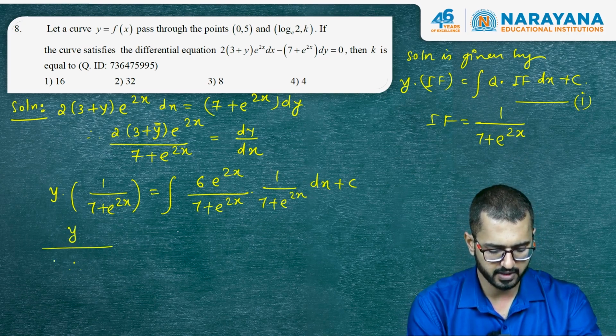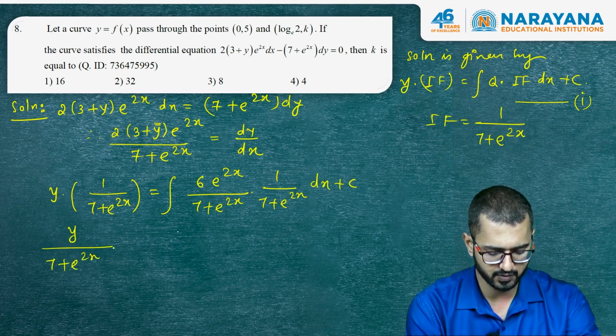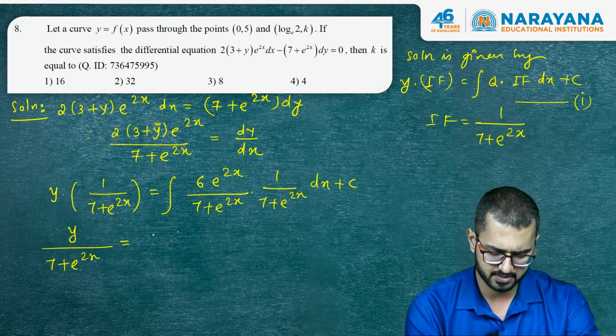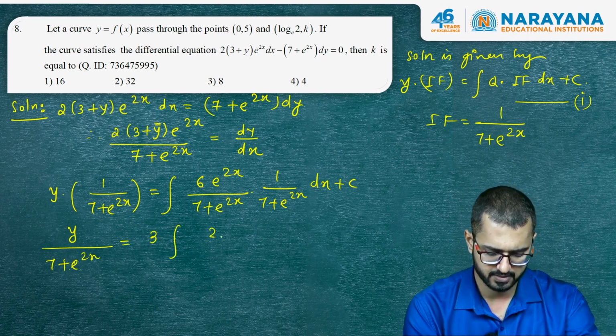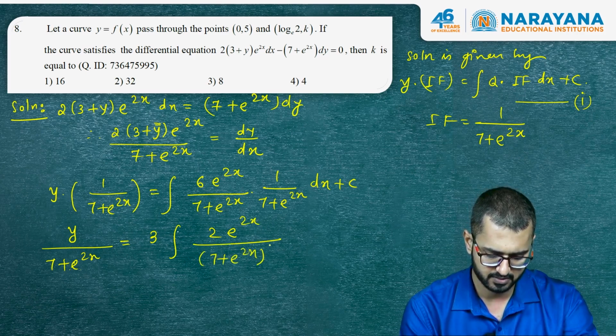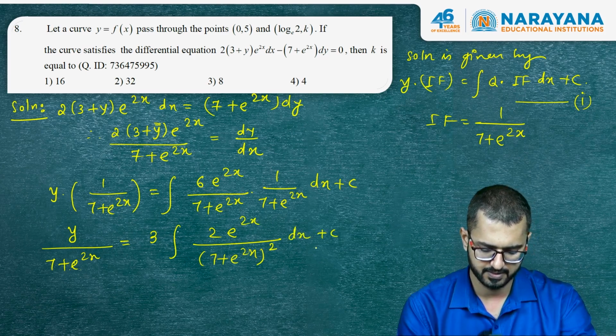This we can write as y over 7 plus e power 2x equal to, 3 will keep here, and 2 times e power 2x, over 7 plus e power 2x whole square dx plus c.